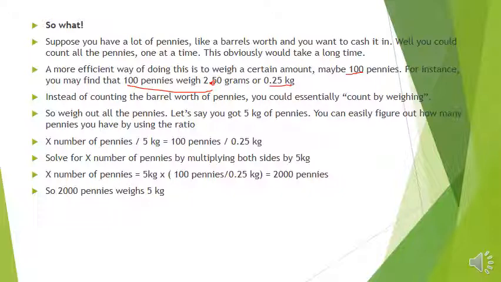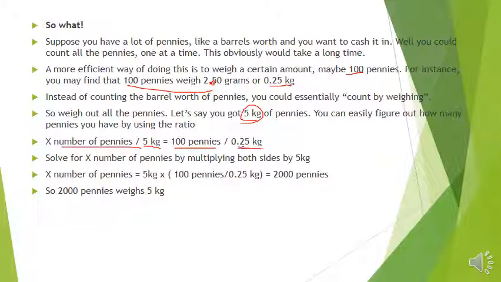Then you can just weigh the whole barrel. Let's say the whole barrel weighs 5 kilograms. And then you have a simple relationship: the number of pennies x in the barrel per 5 kilograms has to equal 100 pennies per 0.25 kilograms.